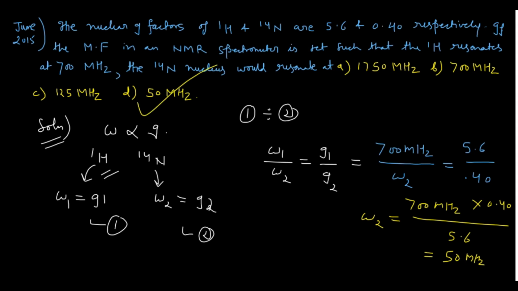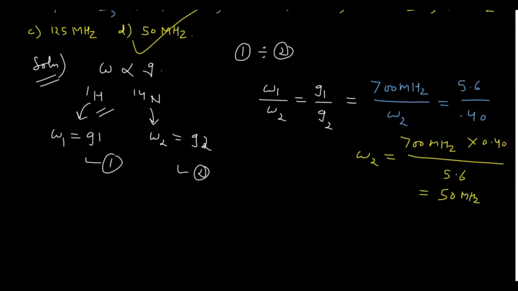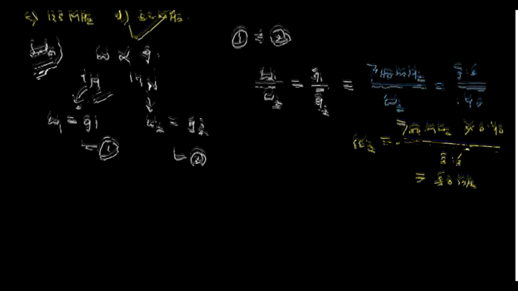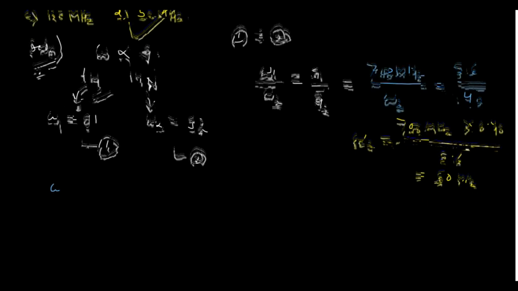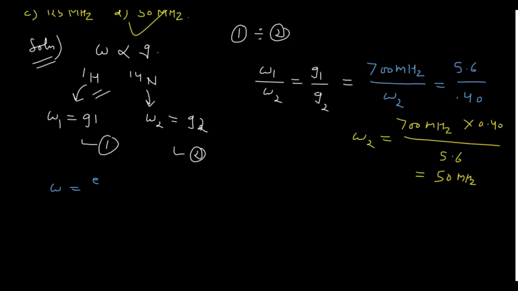If you have a little confusion about this problem, I can give you a little detail here, which is from physical spectroscopy. Basically the resonating frequency omega equals e upon 2m times the nuclear G factor multiplied by B0. Here e is constant, 2 is constant, m is constant, and B0 is the constant static magnetic field which you have applied.